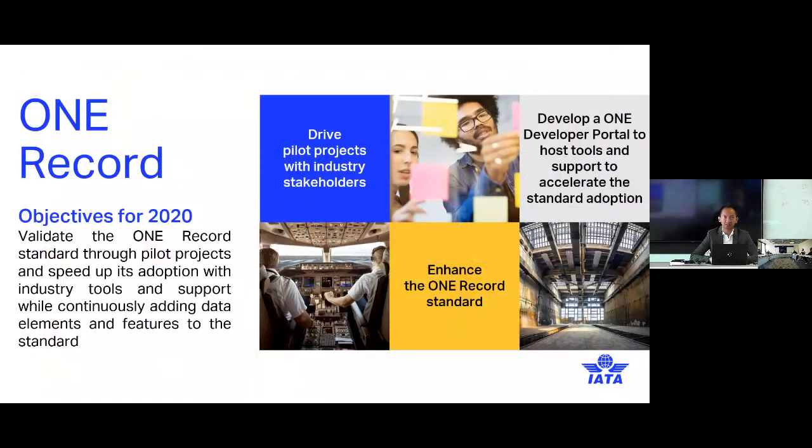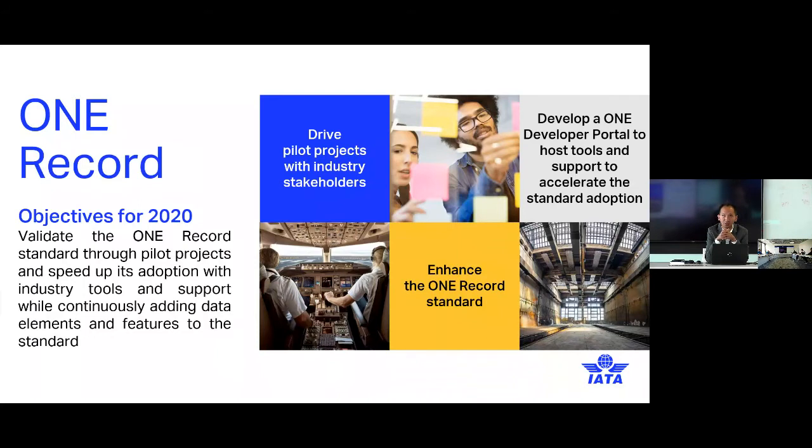For 2020, our objective is to capitalize on the first set of development and first set of standards that was published in 2019. And this year, we want to make sure that whatever we've developed is fit for purpose. We will do that through different pilot projects.